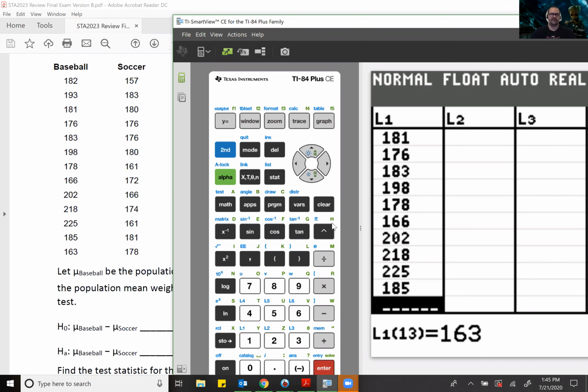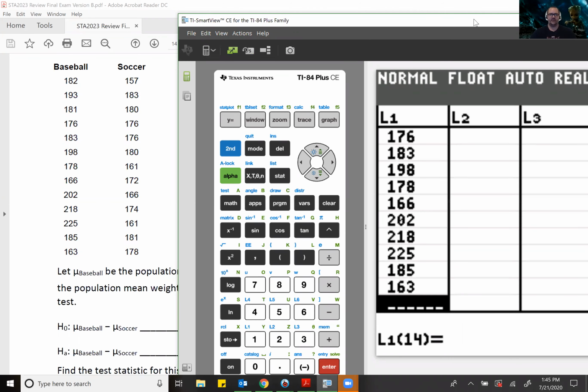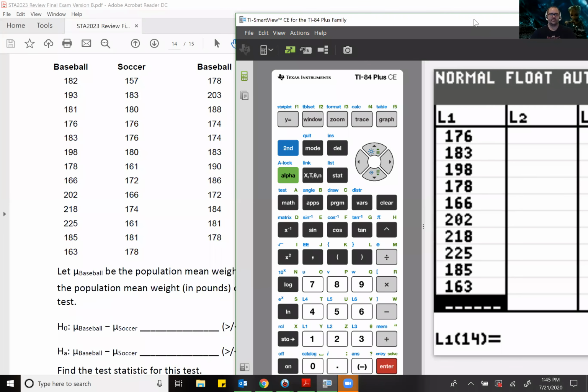And I'm going to know if I got everything in properly, because when I check all the data in the end, I should hopefully see the same numbers between my calculator here and StatCrunch, because I'm going to show you both. 78, 203, 188, 174, 174, 183, and there should be 30 of, I think 30 of these. Maybe it's 25.